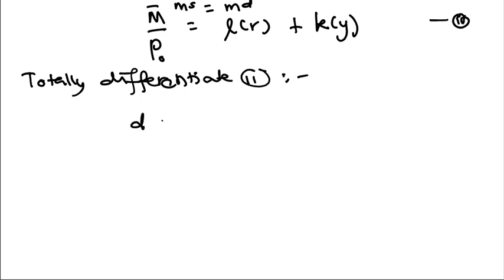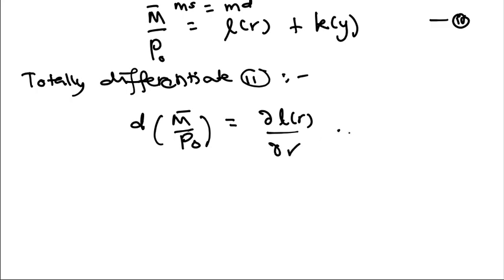It is totally differentiate real money supply equals the partial derivatives of speculative demand for money and also transaction demand for money.